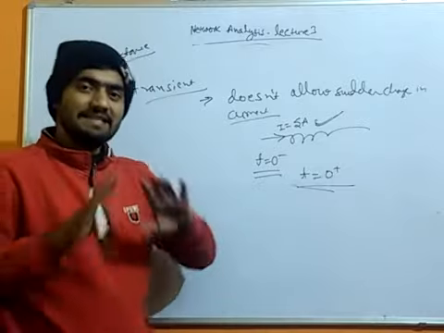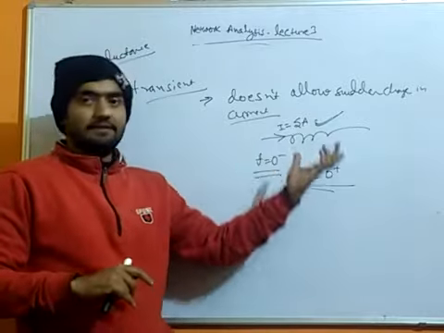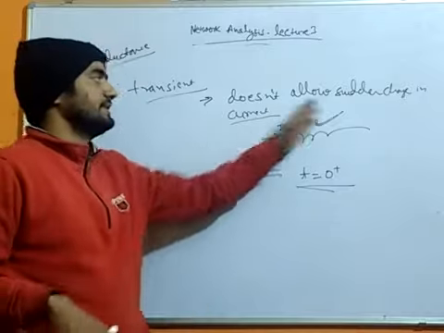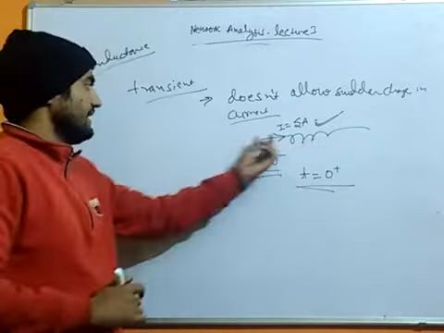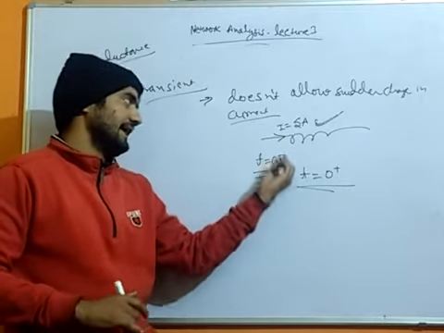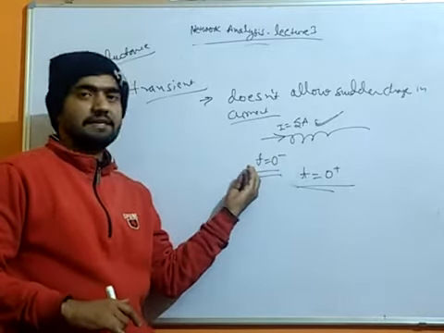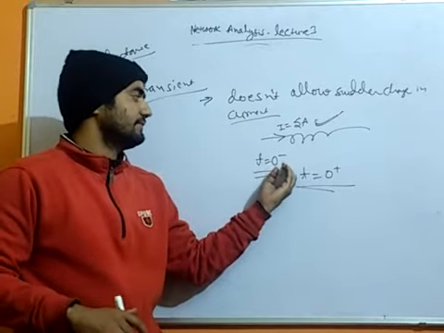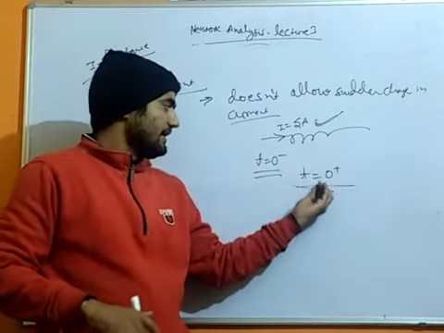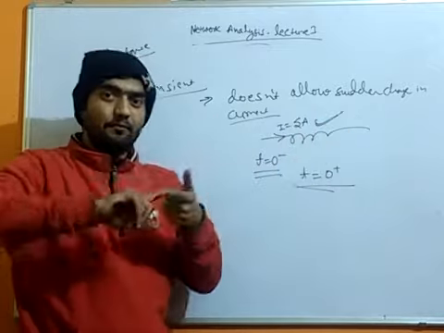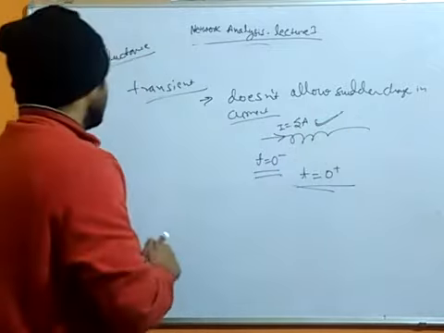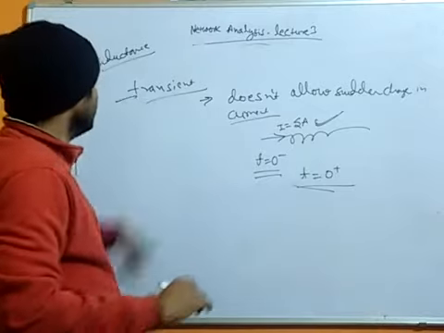If that will be the case, then there may be some sudden change. Otherwise there is no sudden change allowed through any inductor. Whatever the value just before 0 second, the same value will be there just after 0 second, and after some time it can increase only. So this is about the transient nature of the inductance.